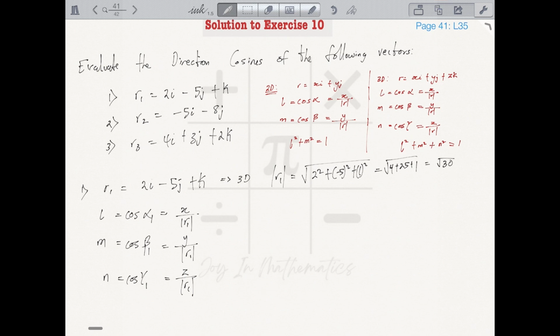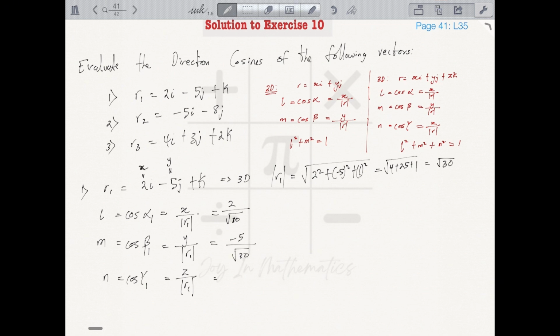Now we can evaluate L, which is cos alpha 1, to be x divided by the modulus of r. The x in this case is 2, so that's 2 divided by root 30. And y, which is minus 5, will give us minus 5 divided by root 30.